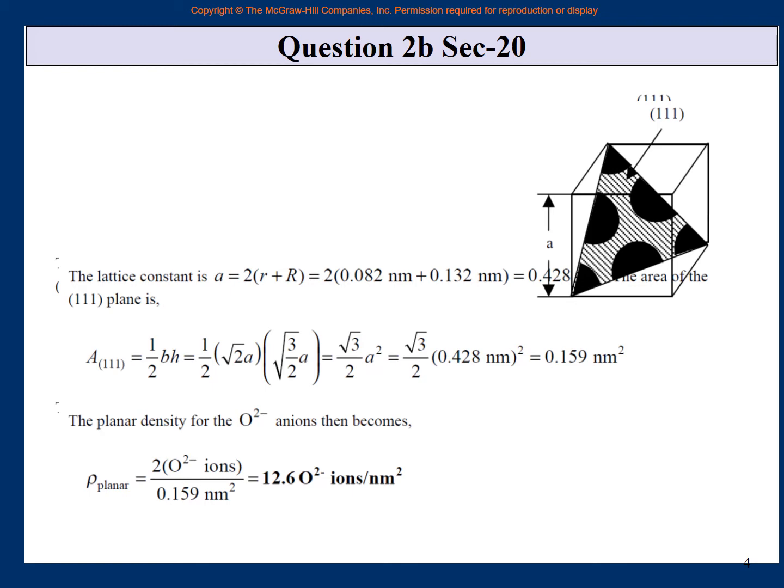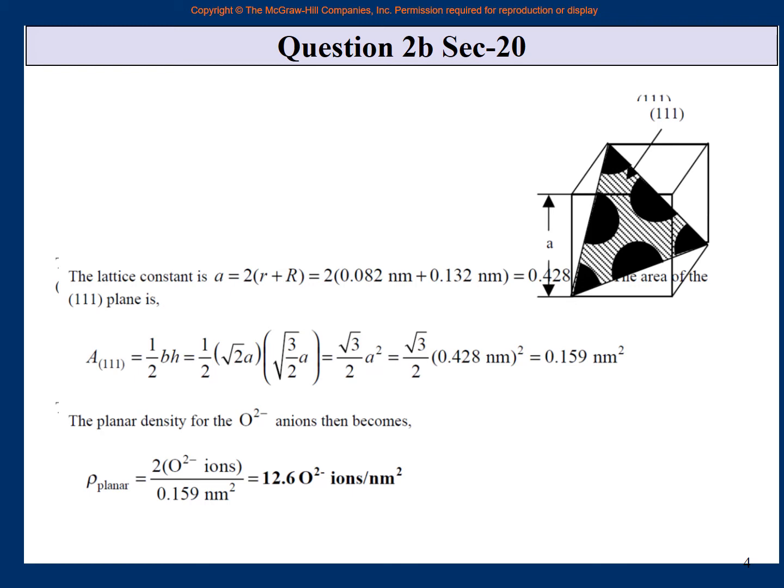Some of you did it, so that was useless, right? You don't need to do it, because planar density is not like a standard density. Standard density is gram per cubic centimeter or kilogram per meter cube. But planar density is number of ions per nanometer square directly. So don't complicate, don't waste time.